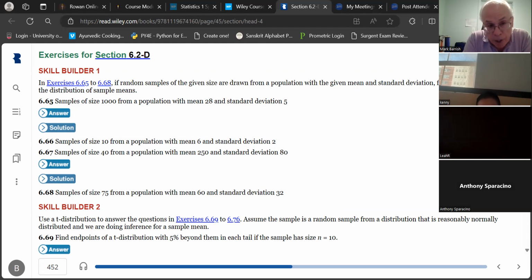Now, actually, in this particular section here, it's easy to come up with the answer. Because you don't need inverse T or the T CDF. The only thing you're doing is dividing two numbers. So can somebody unmute yourself and yell out for 6.65, what would be the ratio that you would enter into your calculator to calculate the standard error?